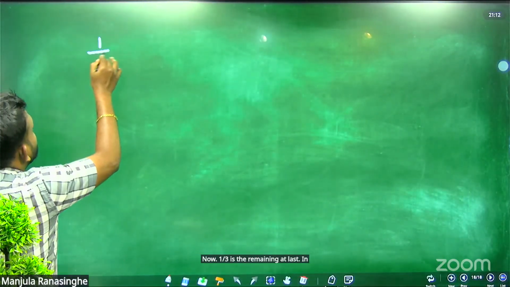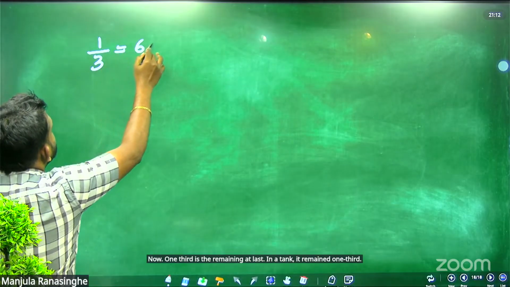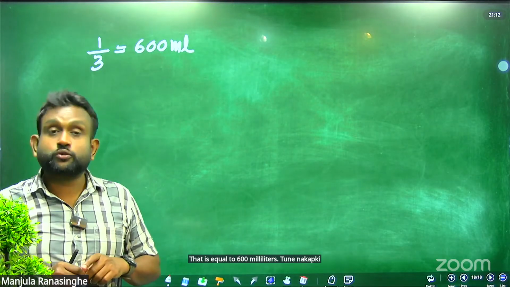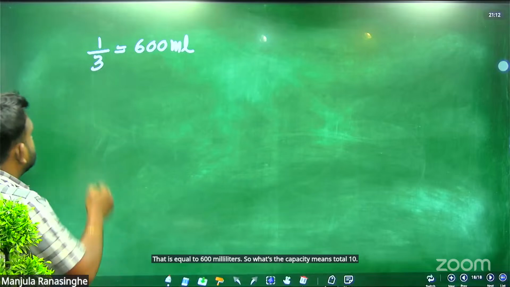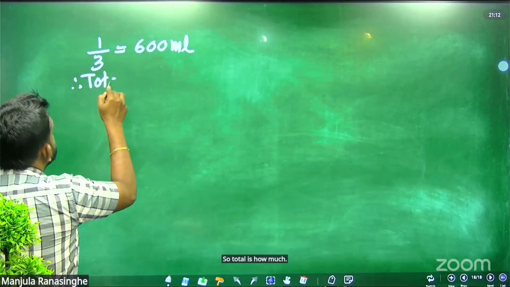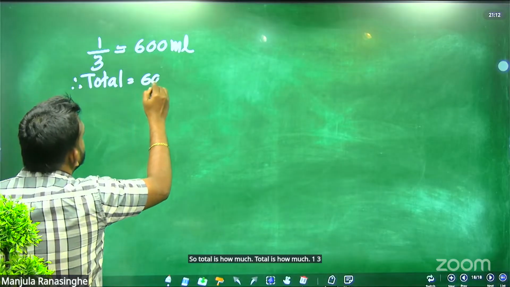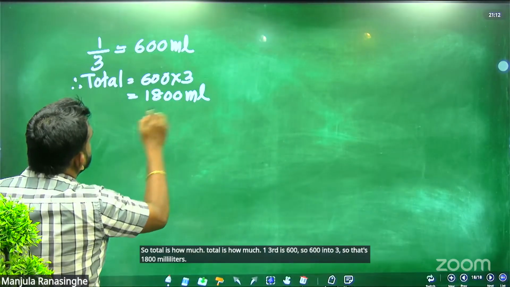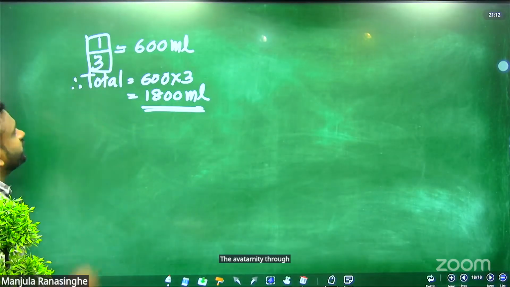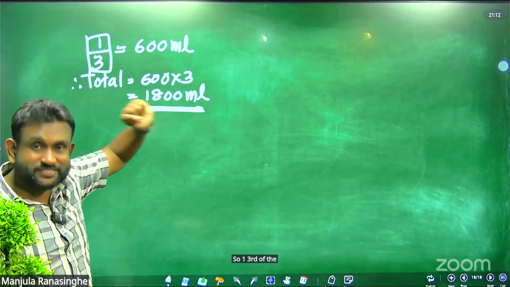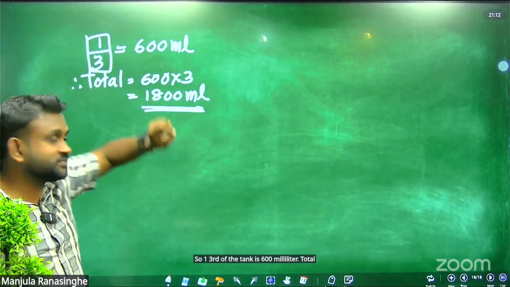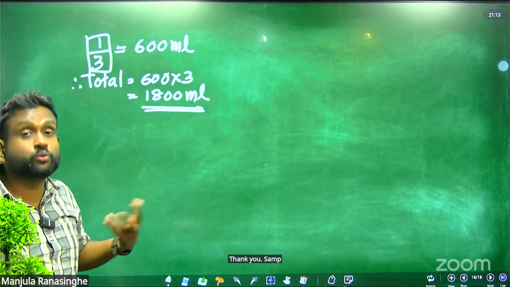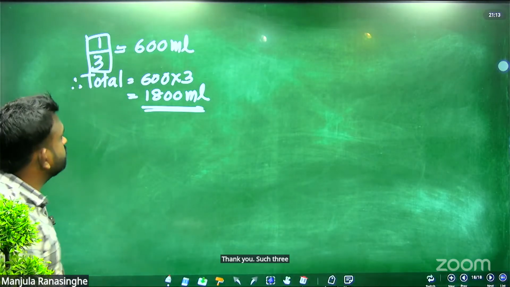So 1/3 is equal to 600 milliliters. So what's the capacity, meaning the total tank? Total is how much? 1/3 is 600, so 600 into 3. So that's 1800 milliliters. If 1/3 of the tank is 600 milliliters, the total tank is 3 times that, such 3 parts. Okay, you have 2 marks there.